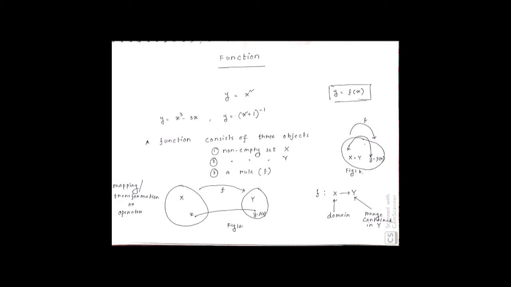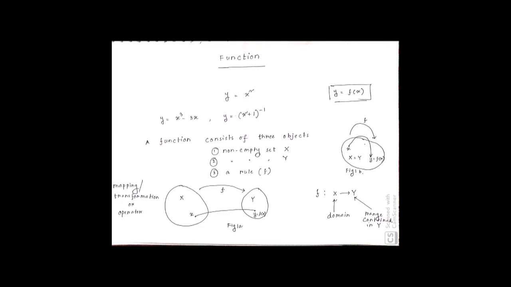We can define the function y equals f of x by requiring that the rule f associate with each square x that circle y which is inscribed in it.